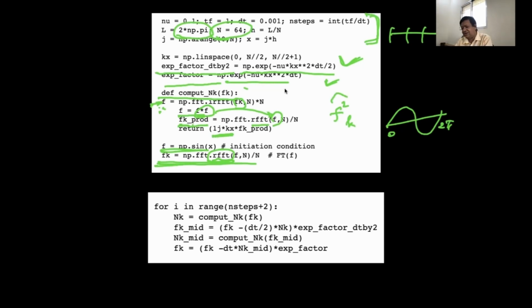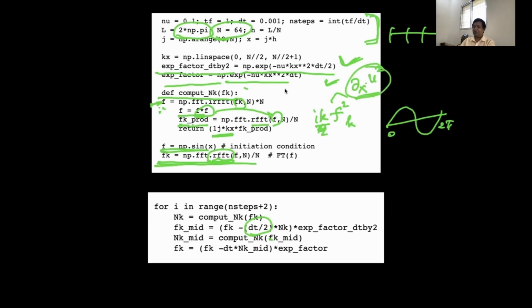And that gives me ik. Okay, and I should do a half somewhere. Okay, so the half is coming here. It's basically what I compute is d by dx of u squared. We Fourier transform this.